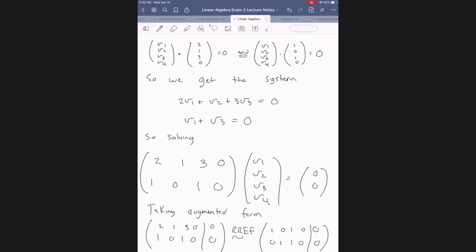So from here, you can read out your solution, right? You can see that V1 is equal to minus V3, and V2 is equal to minus V3, right? So your solution is going to look like this.